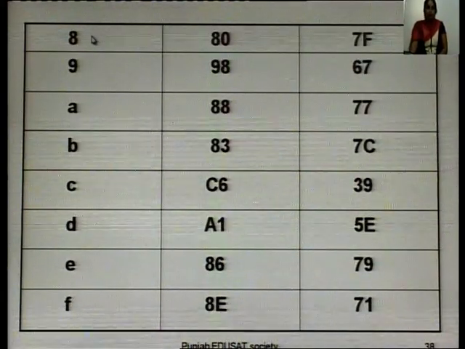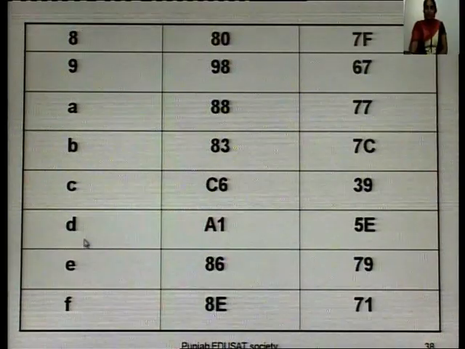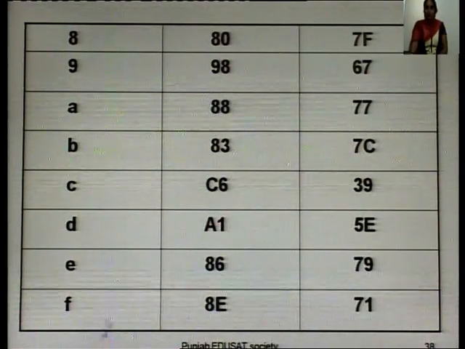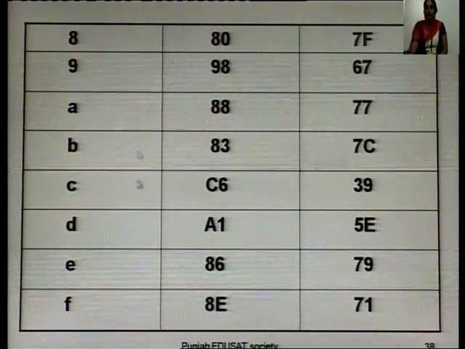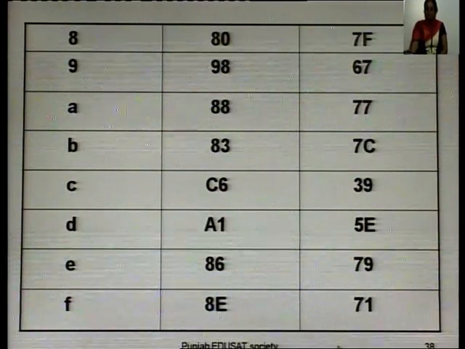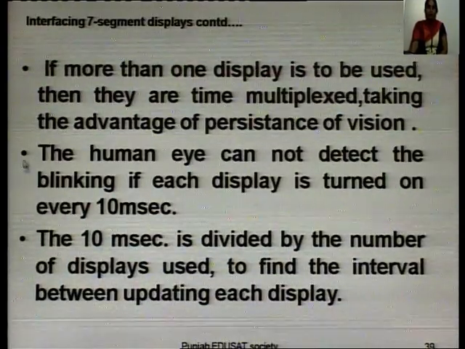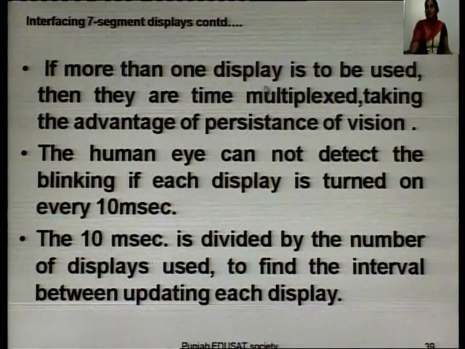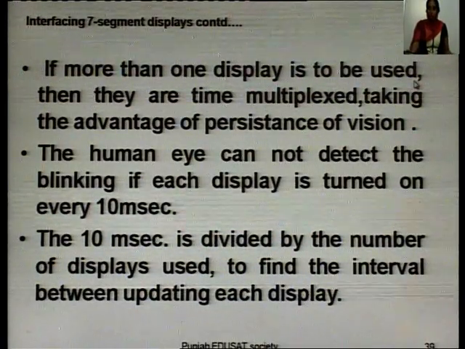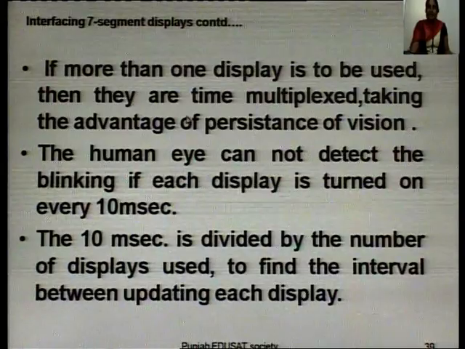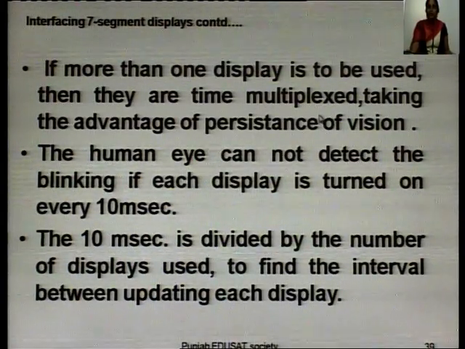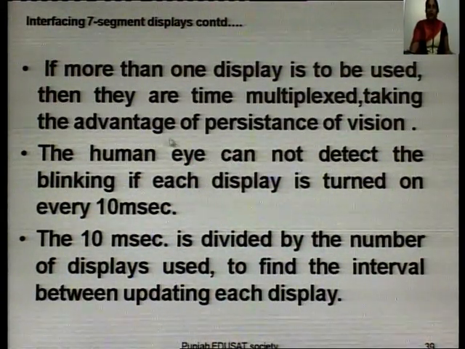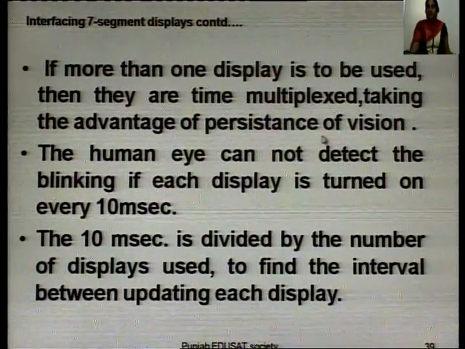Now to display 8, 9, A, B, C, D, E, F, these are the codes for common anode type and these for common cathode type. If more than one display is to be used, then they are time multiplexed, taking the advantage of persistence of vision.